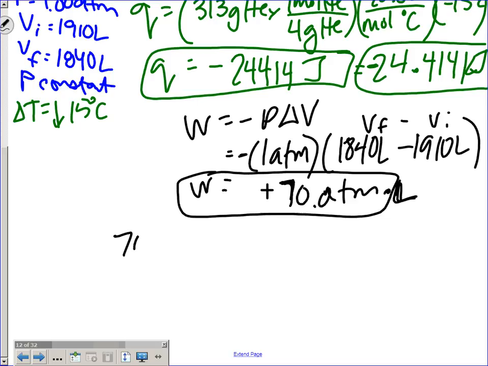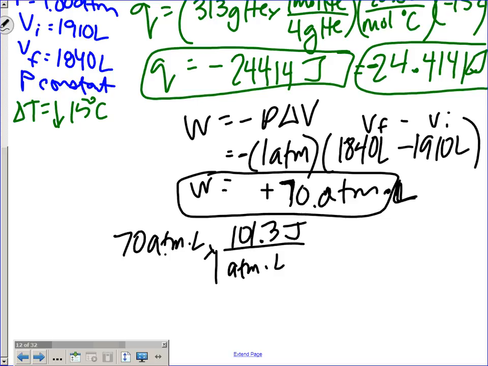Okay, so the 70 atmosphere liters times, what was the conversion? 101.3 joules is equal to 1 atmosphere liter. That's our conversion, right?